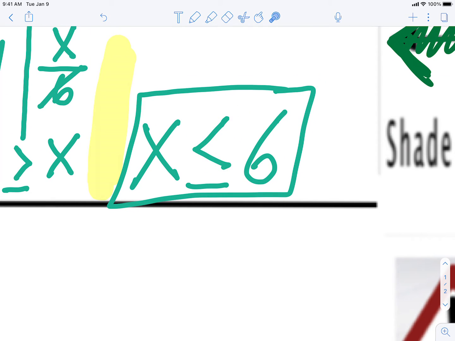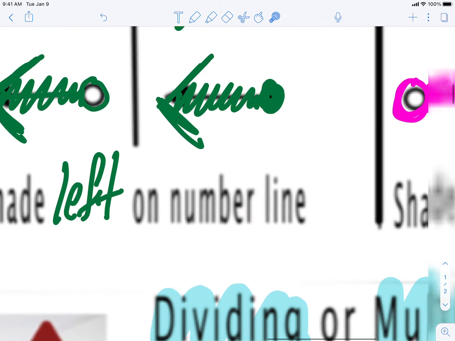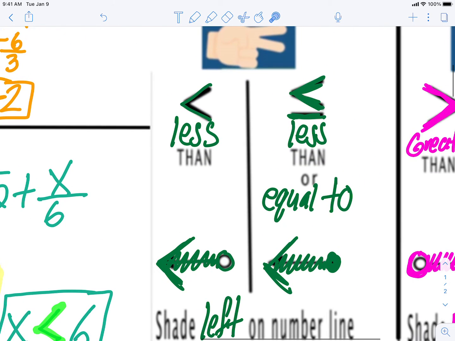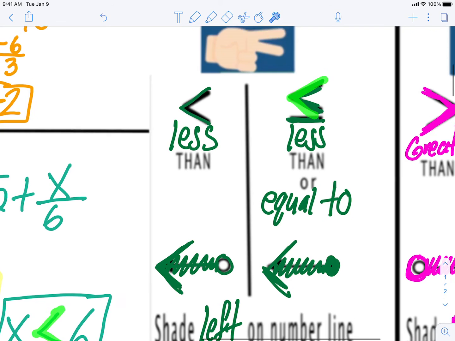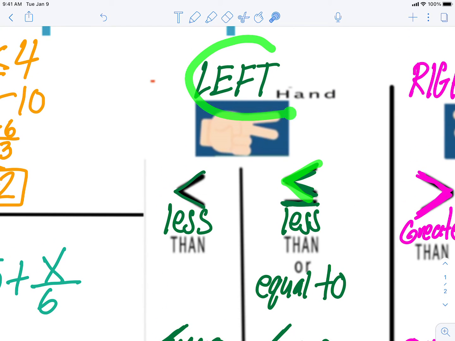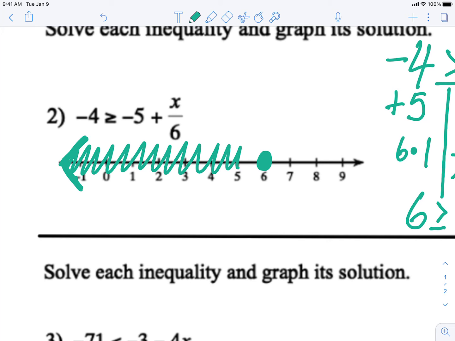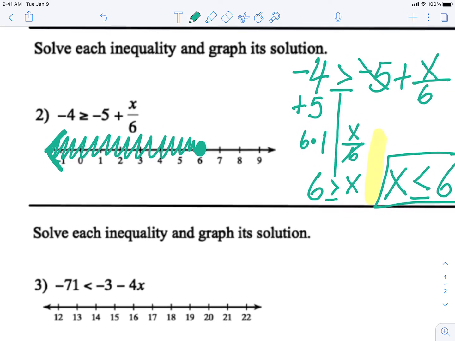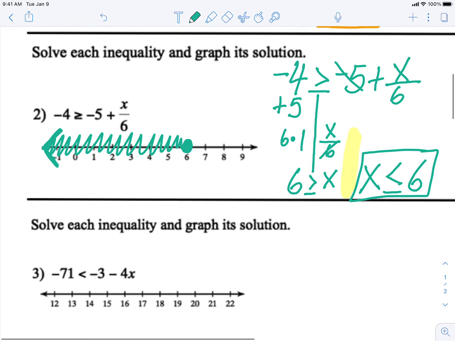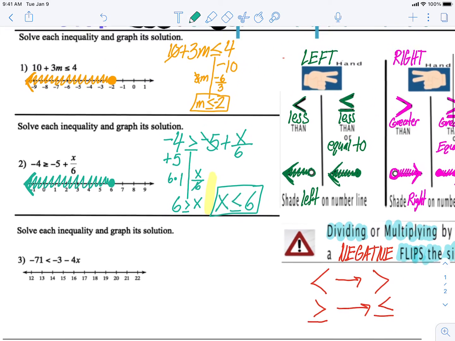I use my, here it is, look, left hand, right? I use my left hand. So I'm going to shade left. And it goes like that. And I just shaded left. And there you go. Look at that.